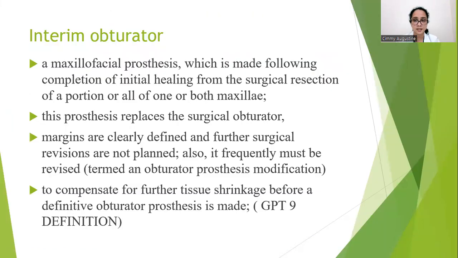Now, coming to the second type of obturator, the interim obturator. An interim obturator is a prosthesis made following the initial surgical obturator.